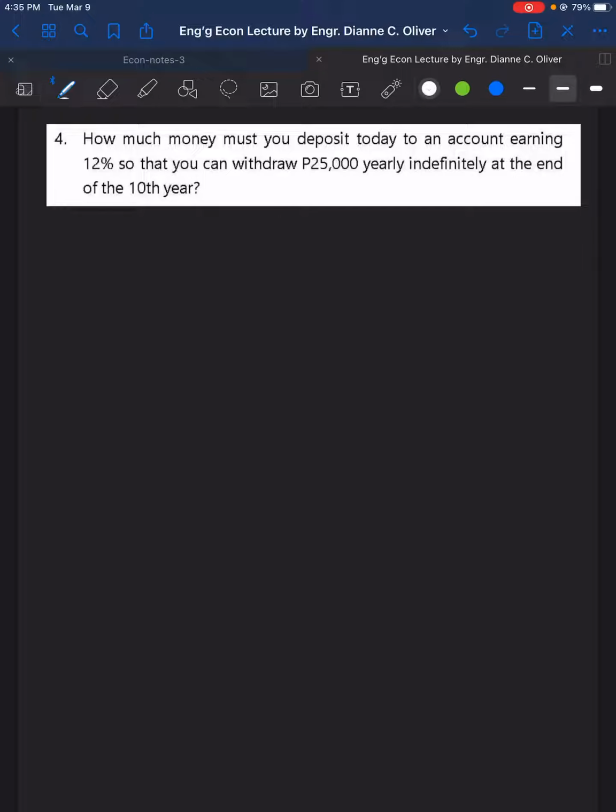So remember, in compound interest we have continuous compounding, so we also have here a continuous annuity. So we have there indefinite. The formula for this situation is P is equal to annuity over i. So that's the formula.